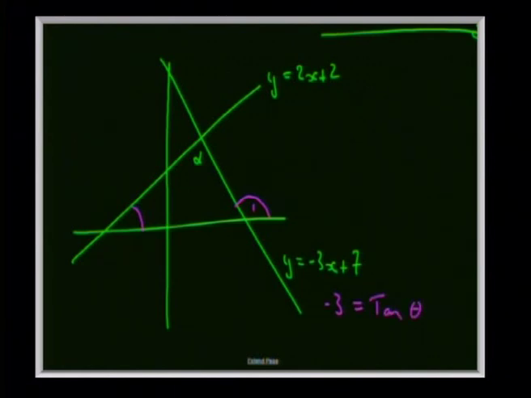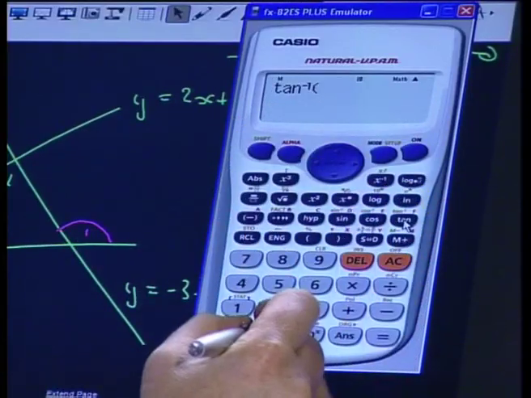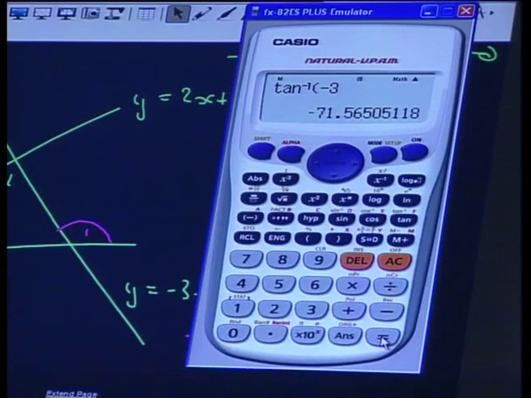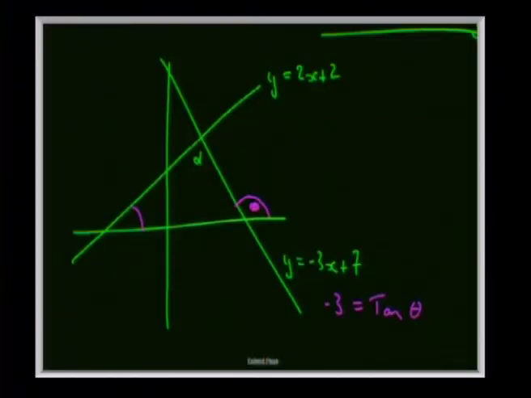Bring up our calculator. Shift tan, negative 3. Negative 71,6. Remember, I'm going to go to 1 decimal place. Now, the angle the calculator has given us is negative 71,6. Now, if we look at our diagram, that angle over there can't be negative 71,6.